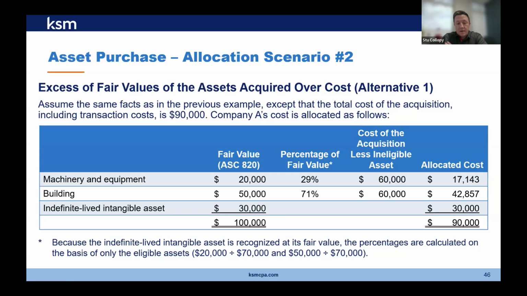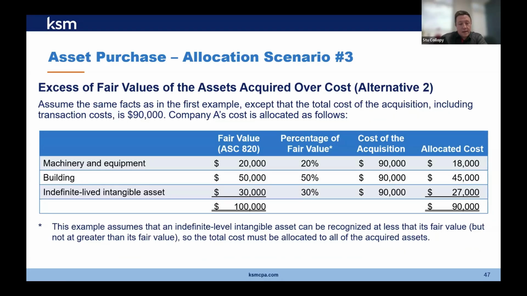Within this scenario, we're not going to include intangible assets. So it's a lot like the first scenario in that you're only looking at machinery and equipment and building, and you're basing the cost of the acquisition only on the eligible assets. So you end up writing them down in the end to get back to your initial purchase price.